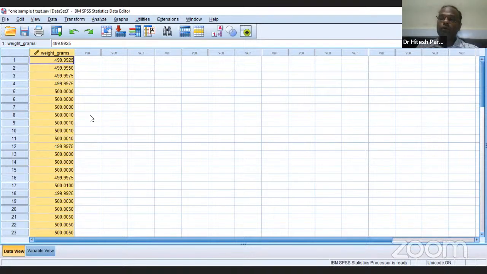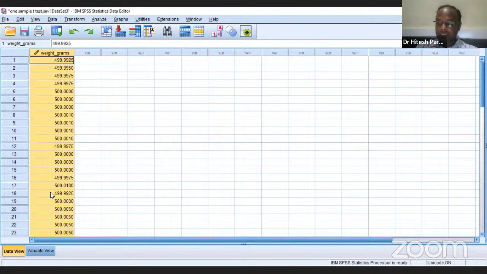So 500 is the standard benchmarking value, and against that value, this sample mean will be compared. If you do not have a standard benchmarking value, then you cannot go with the one sample t-test.